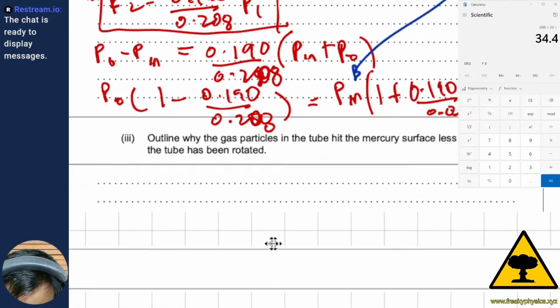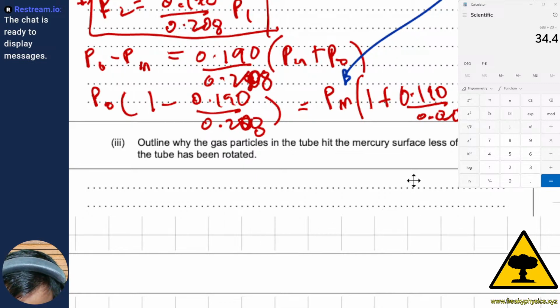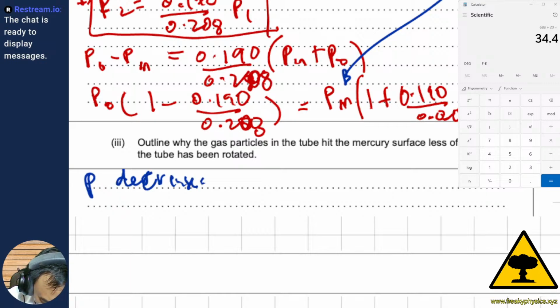Here, outline why the gas particles in the tube hit the mercury's surface less often after the tube has been rotated. This is very easy. Pressure decreased, right? After rotation.